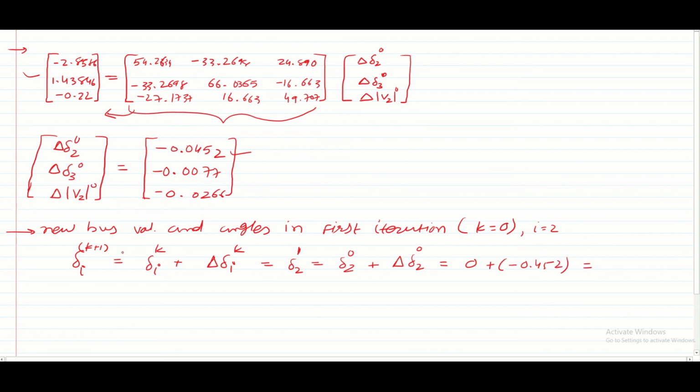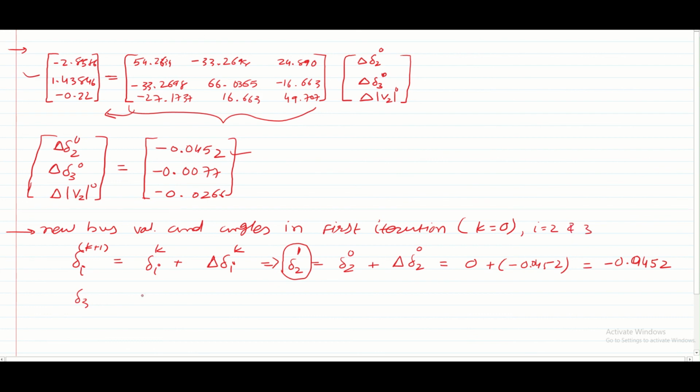So the final answer is delta 2 after first iteration is minus 0.0452.